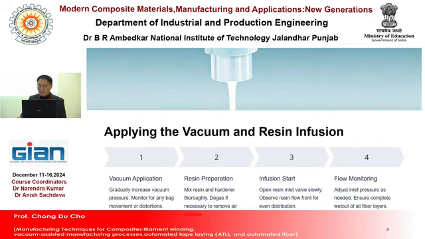And the flow monitoring is to adjust the inlet pressure as needed. That means the flow must be appropriate to make the preform fibers wet completely. If it is unwet partially, that means the total structure will be a failed output.